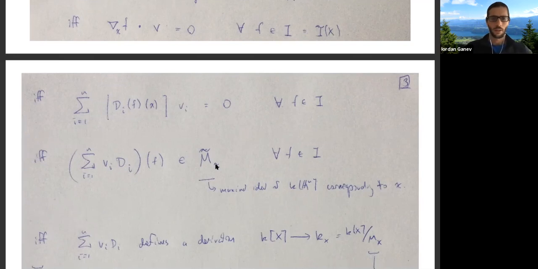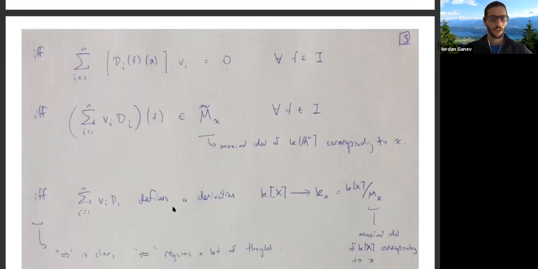The notation maybe is a bit confusing, but m sub x would be the maximal ideal of k[X] defining little x, whereas m tilde was in k[A^n]. One direction is kind of clear, but the other direction is also not too bad, because you can think about what these derivations are in terms of the derivations on k[A^n], in terms of that inclusion of derivations I mentioned just now, and so we get this result.